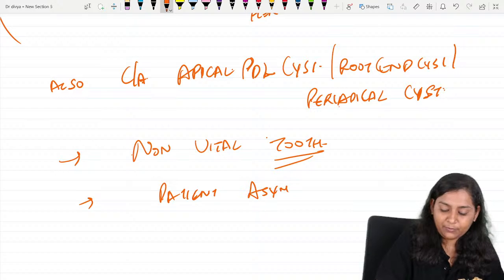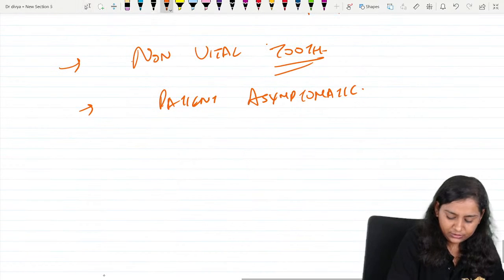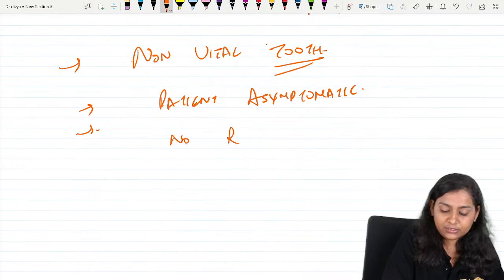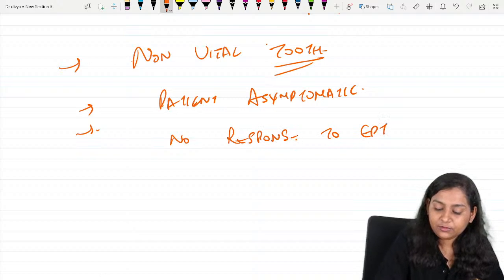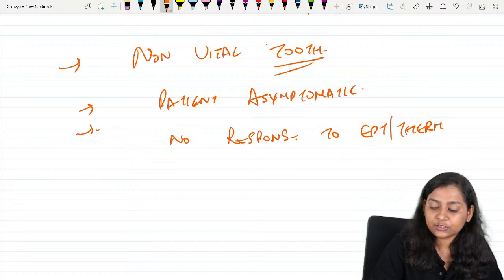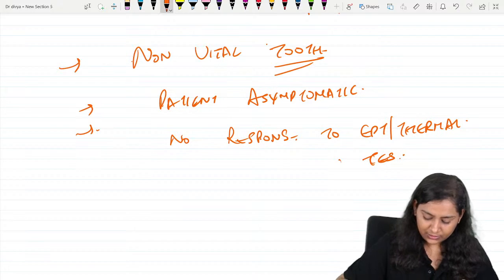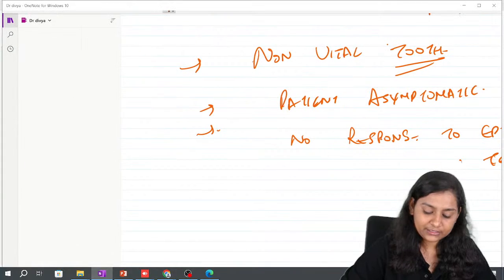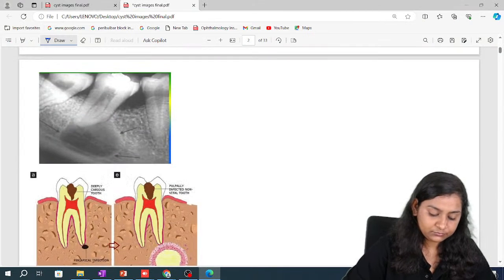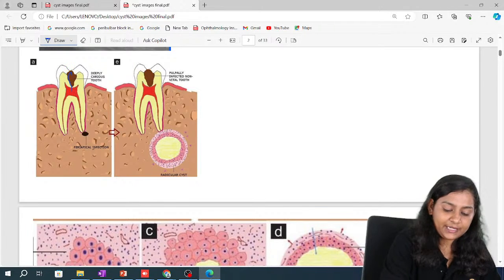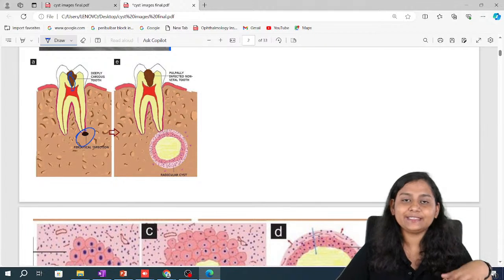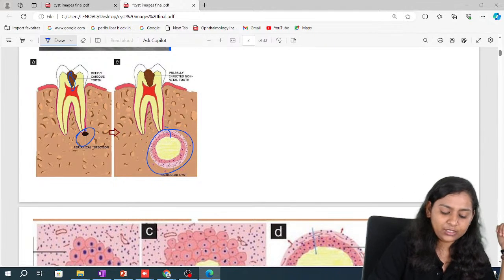Patient remains asymptomatic and will not respond to the EPT or thermal testing, which confirms that the tooth is non-vital. Okay, so let's have a look on the diagram. It will be very clear. See, because of some carious structure or because of some trauma, here the HERS got stimulated, leading to proliferation and ultimately leading to the radicular cyst.